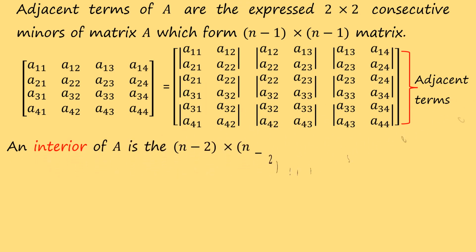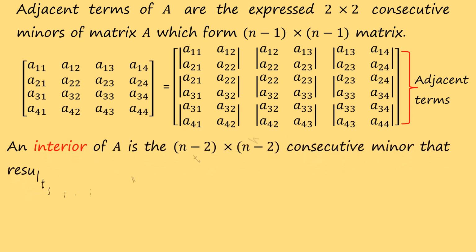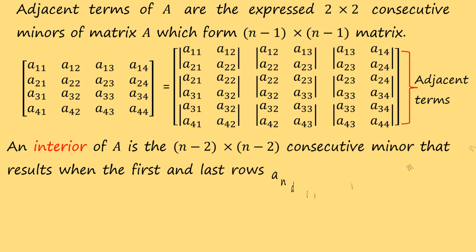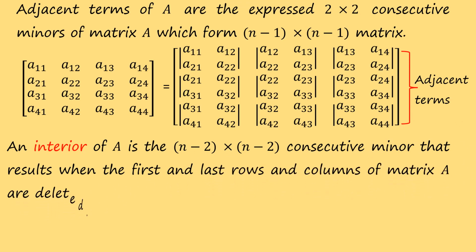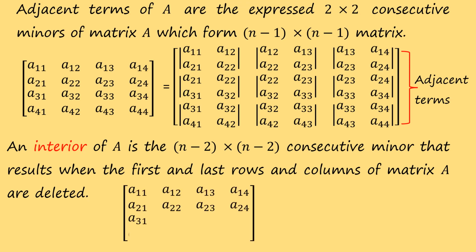An interior of A is the n-2 by n-2 consecutive minor that results when the first and last rows and columns of matrix A are deleted. Let's consider this 4 by 4 matrix, and we are going to delete the first row, the last row, the first column, and the last column.